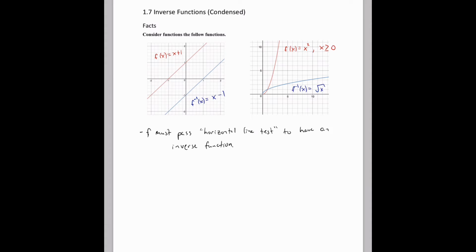And basically this test is just like the vertical test. Vertical test, it was a vertical line could only intersect it once in order for it to be a function. Horizontal line test is a horizontal line intersects it at most once. So just horizontal instead of vertical.